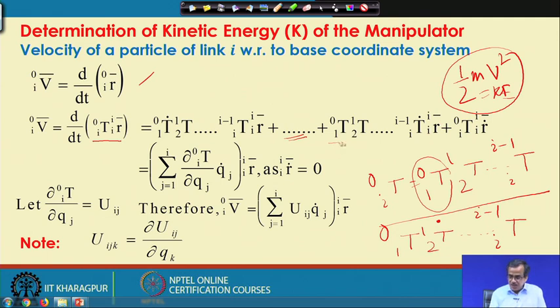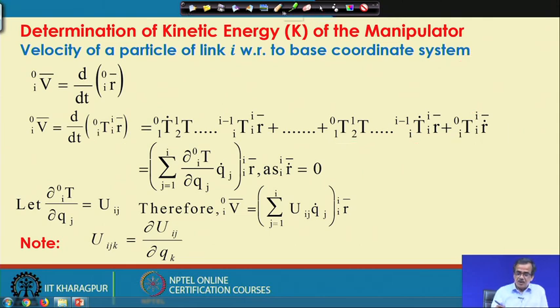The last term will be T_1 with respect to 0, T_2 with respect to 1, and the last term T_i with respect to i minus 1 dot, multiplied by r_i with respect to i, plus T_i with respect to 0 multiplied by r_i with respect to i dot. So, this is another term. This is the way we can find this particular time derivative.